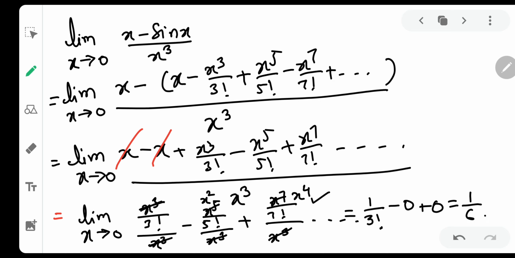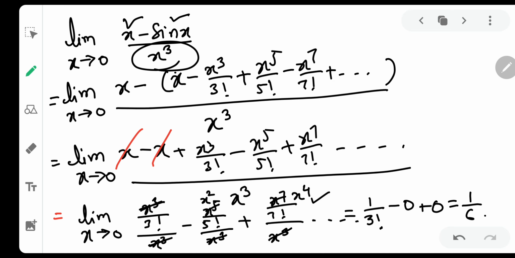So for questions like x − sin x, there should be x³ in the denominator. If x³ is there in the denominator, then the limit will definitely exist. Then what are the other possibilities? Suppose there was x². Will the limit exist?